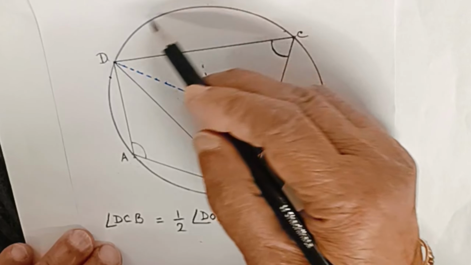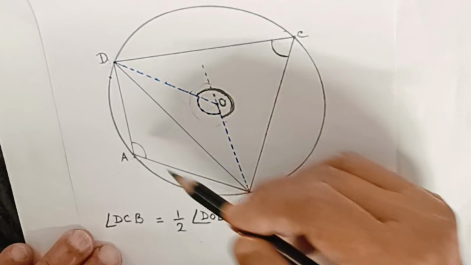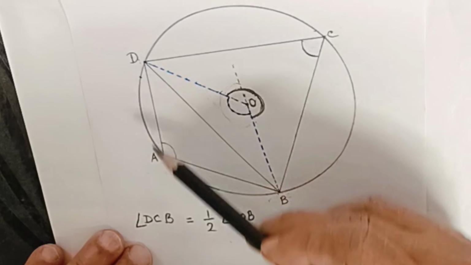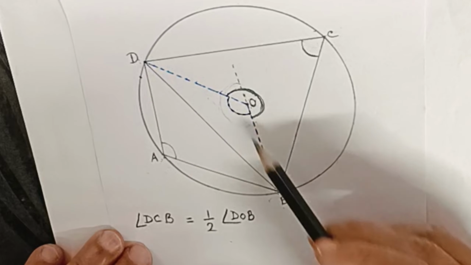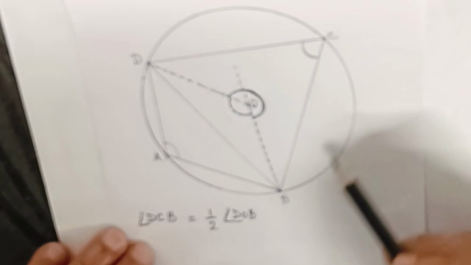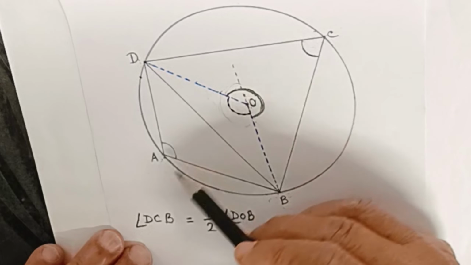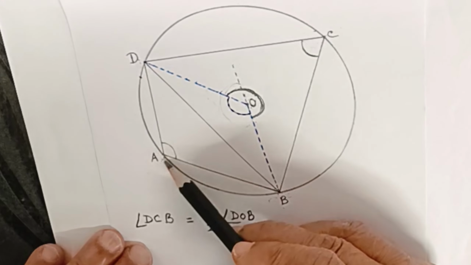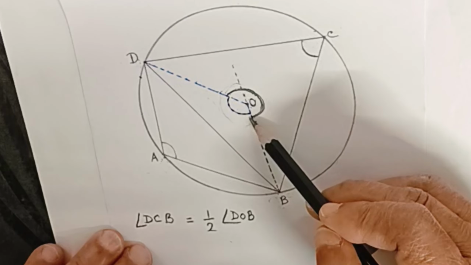The same major arc subtends an angle DAB on the opposite segment. Now we know the relation between this angle DAB and the angle DOB subtended by the major arc, this reflex angle. What's the relation? Angle DAB is half of angle DOB here.